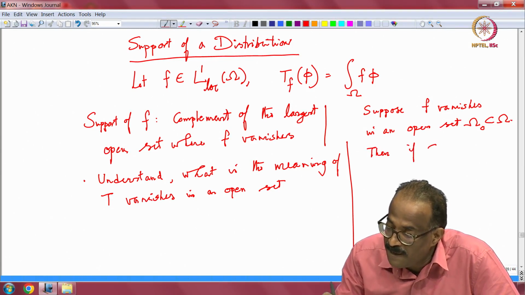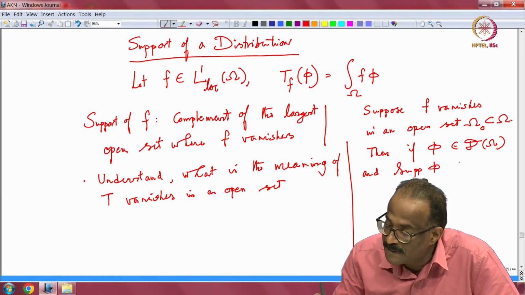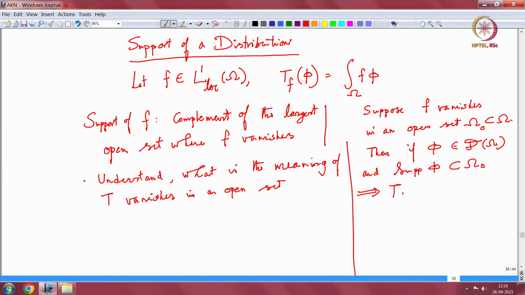If φ is in D(Ω) and the support of φ is in Ω_0, this implies T_f(φ) is equal to the integral of fφ over Ω. See, f vanishes in Ω_0, but the support of φ is in Ω_0, that means φ vanishes outside Ω_0.